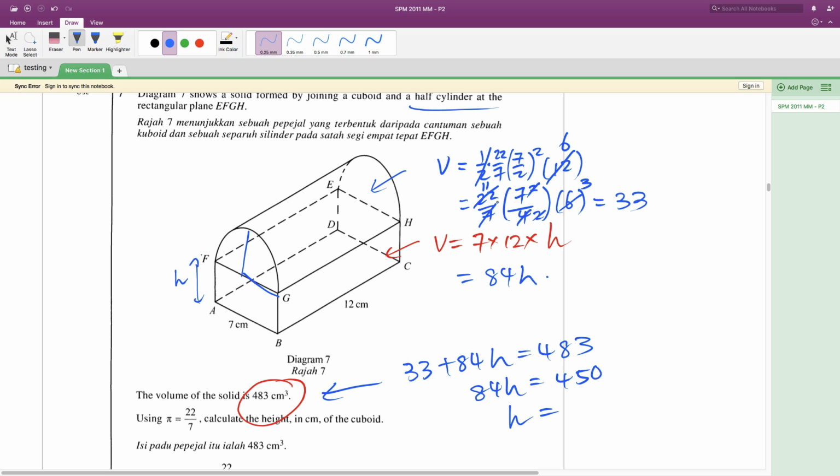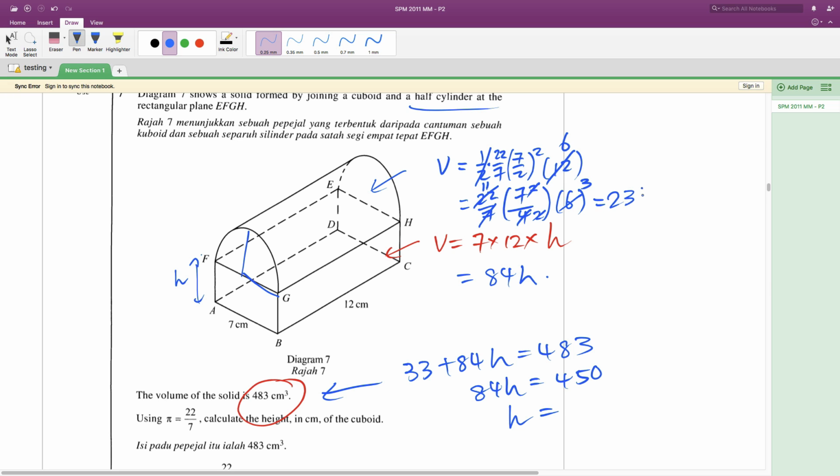Okay. This is half pi r square h. R is 7/2. This one is 11. 11/7. 7 and 7. Oh, 11. Oh, sorry. Here with the 11 I forgot to multiply with the 7. So this one is 11 multiply 7 multiply 3.